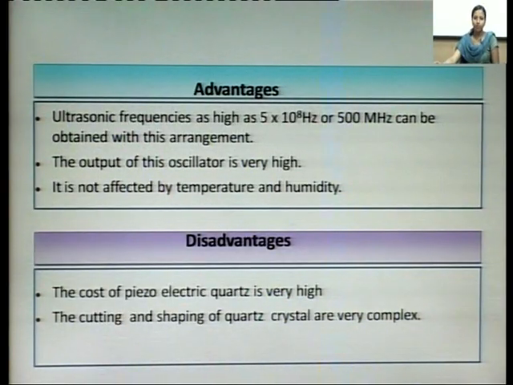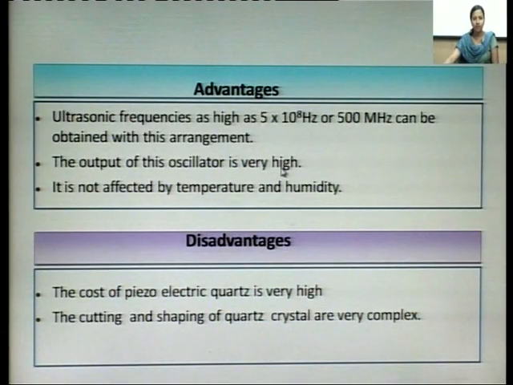Now we come to know the advantages and disadvantages of this type of oscillator or generator. It produces ultrasonic waves with frequencies as high as 500 megahertz.